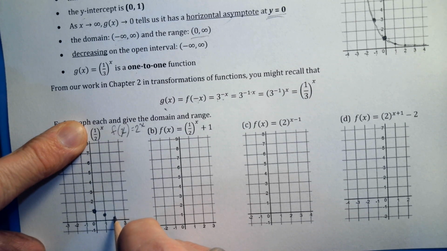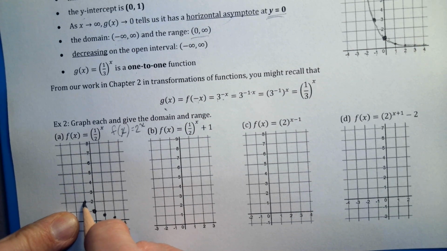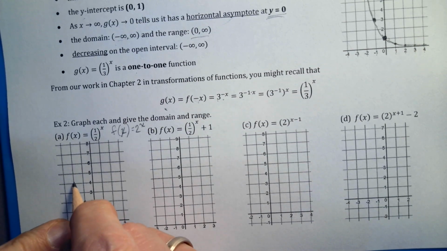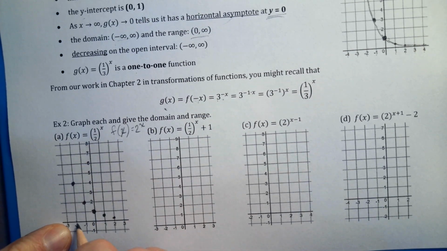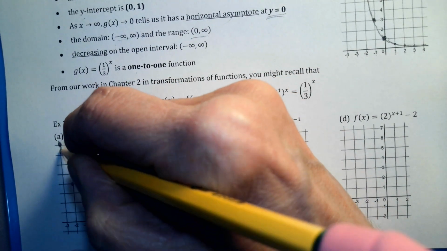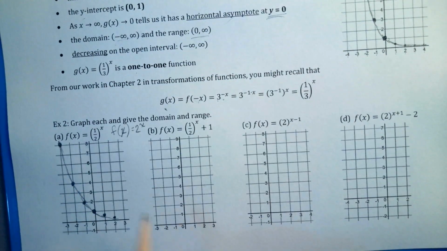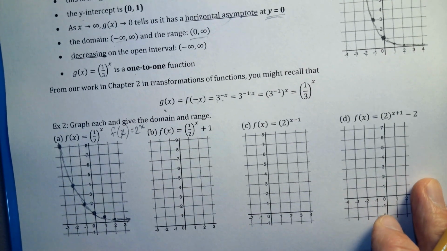Put a 2 in, I get 1/4. At -1, I get 2. At -2, I get 4. At -3, I get 8. So we can draw this one in here. It should be decreasing over its whole domain, and again has an asymptote at y = 0.